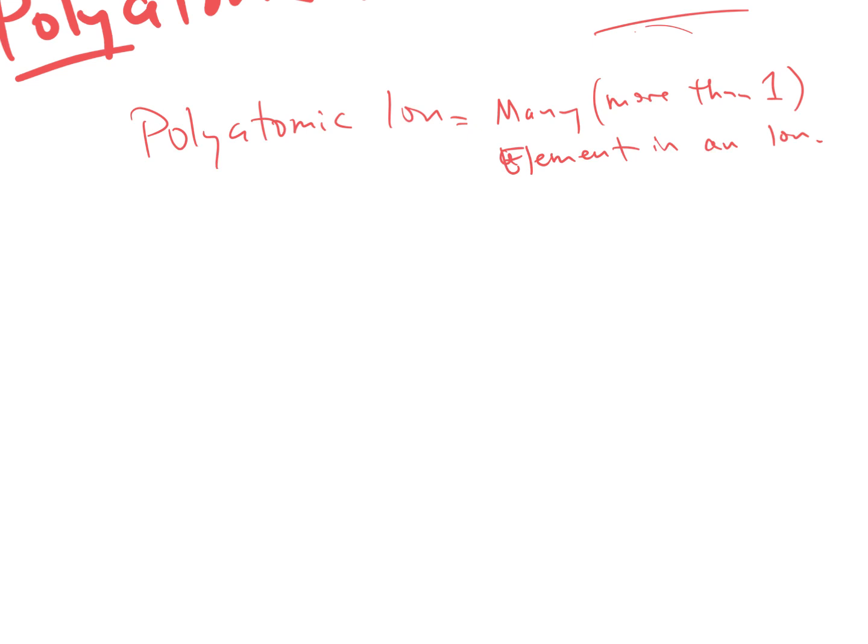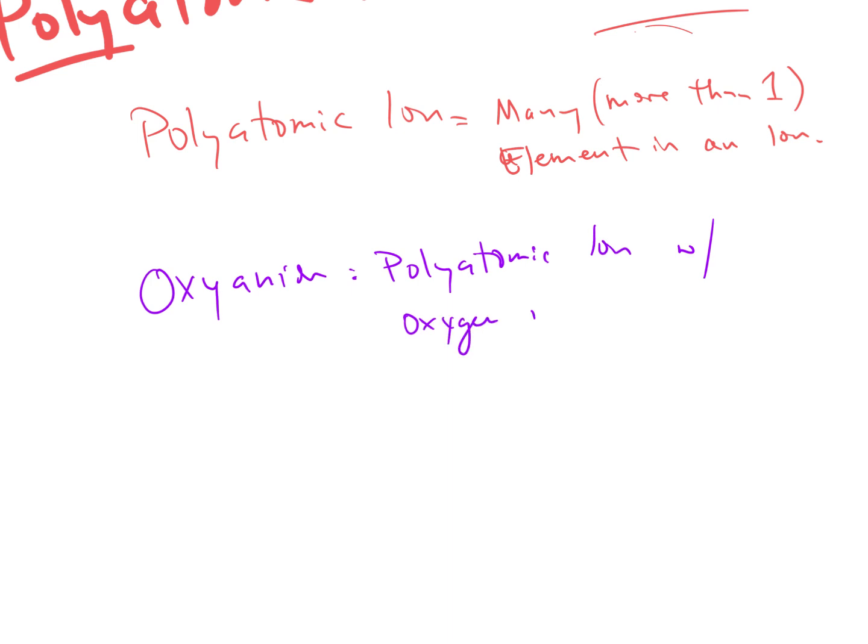Okay? All right, an oxyanion is a polyatomic ion with oxygen in it. So, for example, we have nitrate, carbonate, phosphate, sulfate.